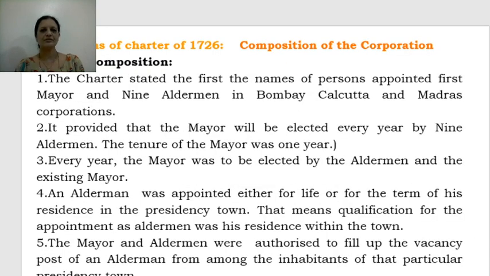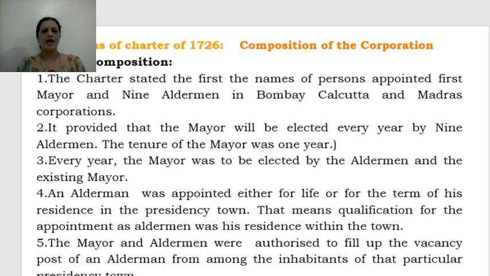Composition. First, the charter stated the names of the persons appointed as first mayor and nine aldermen in the Bombay, Calcutta, and Madras corporations. Second, it provided that the mayor would be elected every year by the nine aldermen. The tenure of the mayor was one year. Third, every year the mayor was to be elected by the aldermen and the existing mayor.